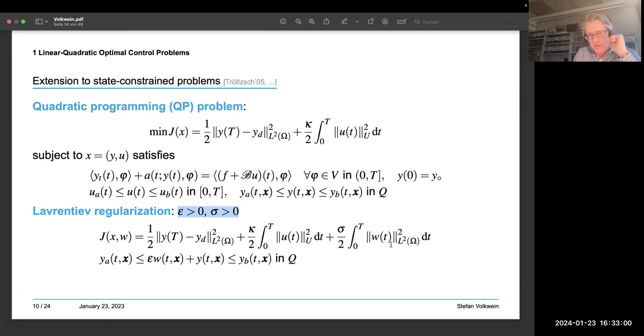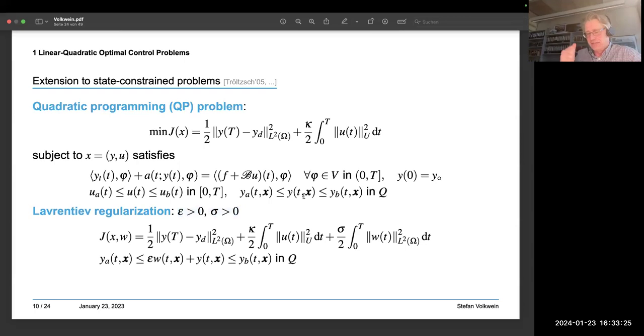It's part of the cost functional. And so the idea is, of course, if epsilon is small, and also after this minimization, we hope that W is small, then what we have here is a good approximation of the state constraints we have one line above. So that is the idea. So some kind of approximation of the state constraints.